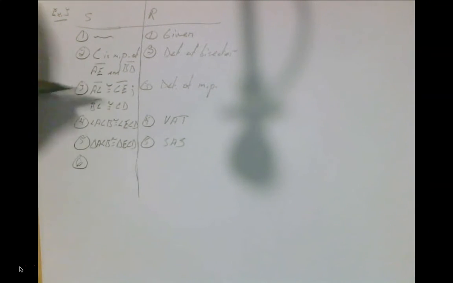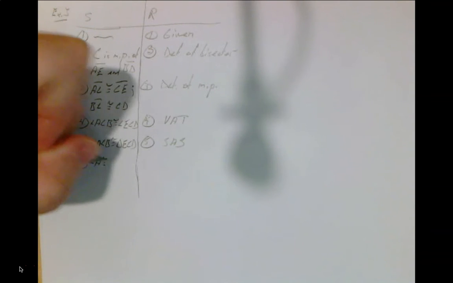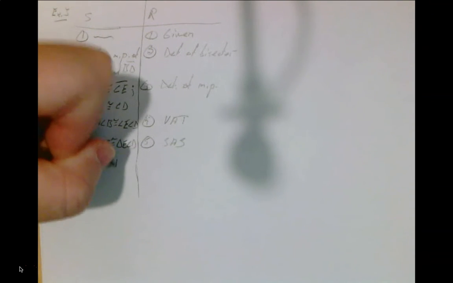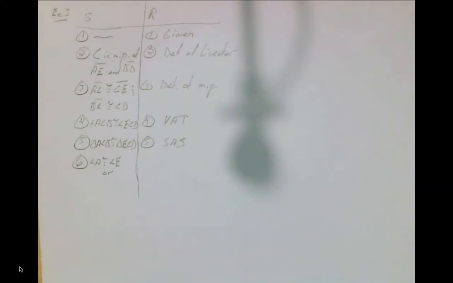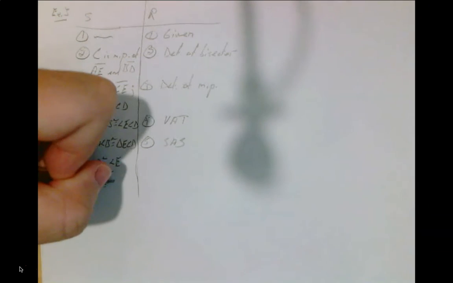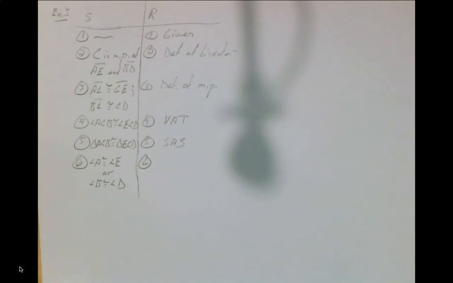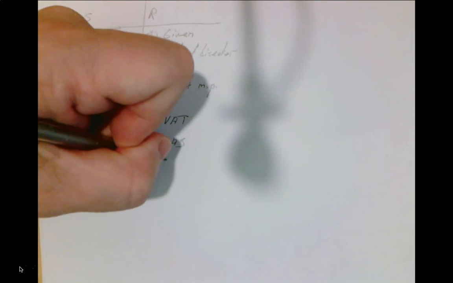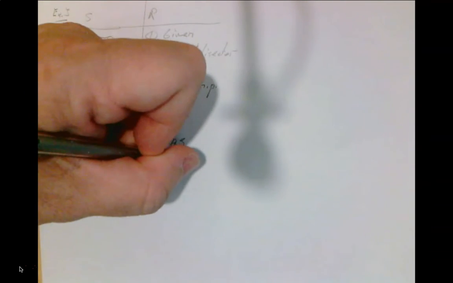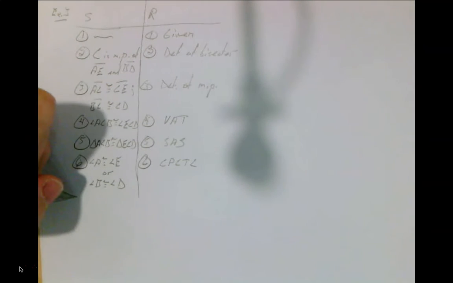Statement 6, and I'm going to say angle A congruent to angle E, or, and you don't have to put the or, you don't have to put both, you just pick one of these. Angle B congruent to angle D, and this is where we use the new information from this unit, CPCTC, which is the abbreviation for corresponding parts of congruent triangles are congruent.